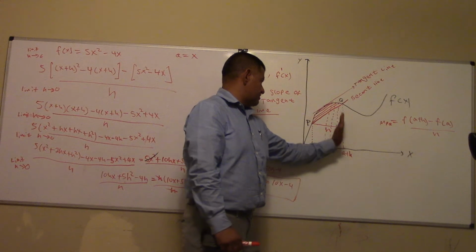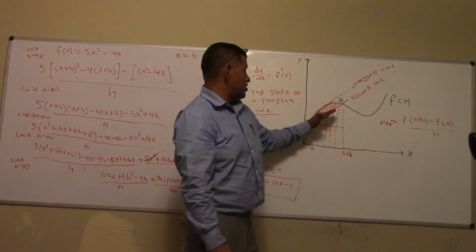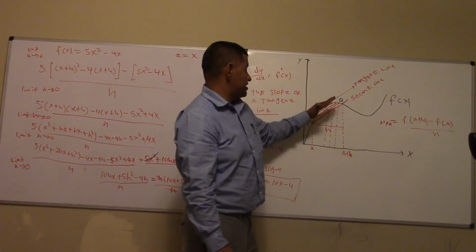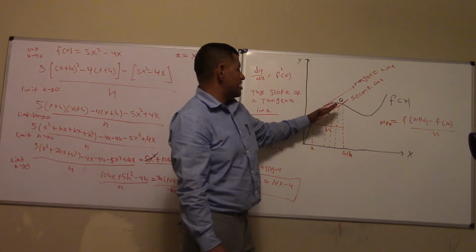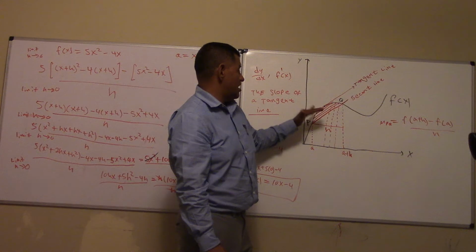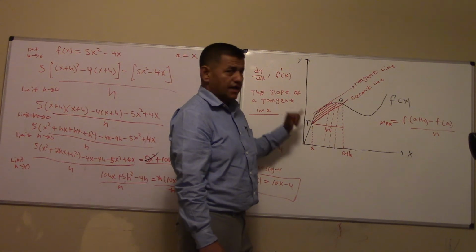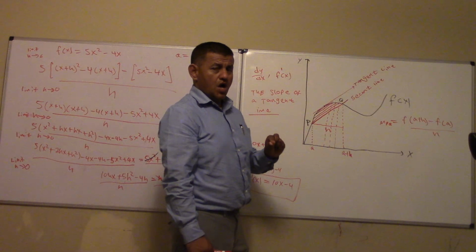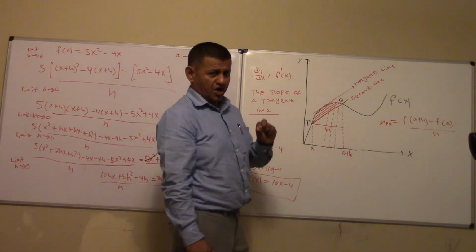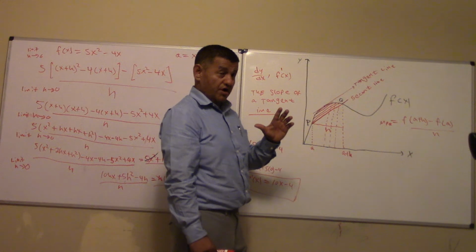The secant lines are getting closer and closer until they become a tangent line, which is the slope of a curve, right?